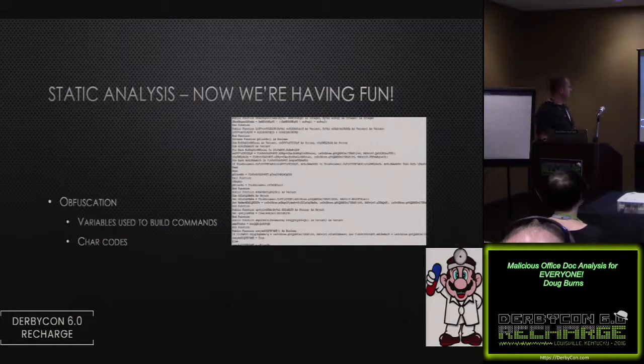And the other thing is char codes. With ASCII text, all ASCII characters have a char code assigned to them, and you can call that with functions. A lot of times in VB, I think it's just CHAR, parentheses, and then a number. They're going to have all these char codes concatenated together, and they're building sentences, commands and strings from that. That one's not fun, because you're basically just going to pull up an ASCII list and say, okay, what is 42?